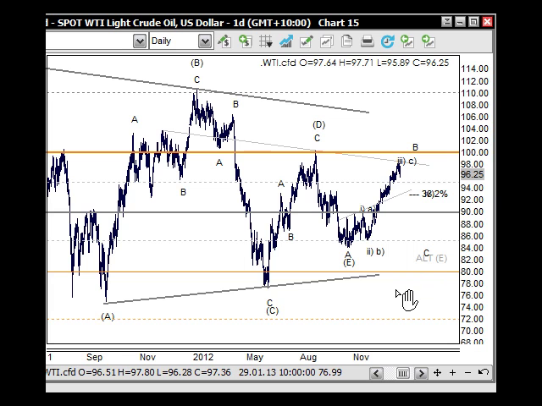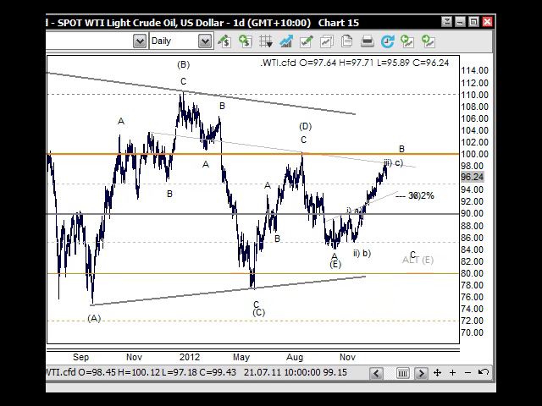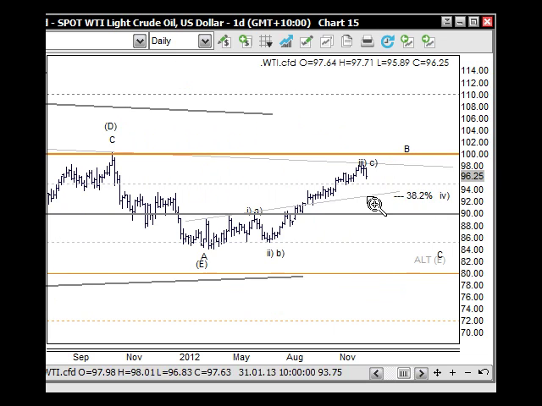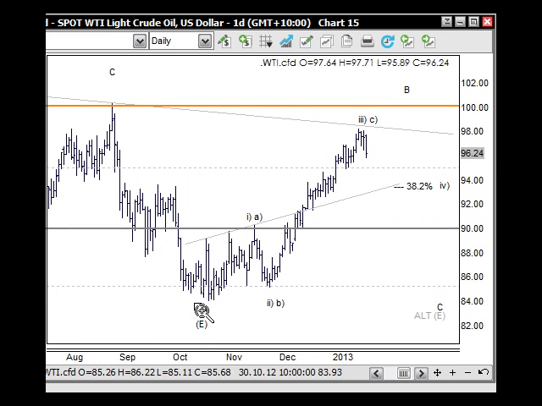But we're also mindful that this wave E may not be completed, because we don't have a five-wave structure here yet, we only have three waves to the upside so far. So it is possible that this is going to be an A and a B wave here and a C wave here to finish that alternative E. And if that's the case, then it will fail from right where it is right now, because this move going up through here can be counted in three waves, either one or A, two and B, and up here for three.